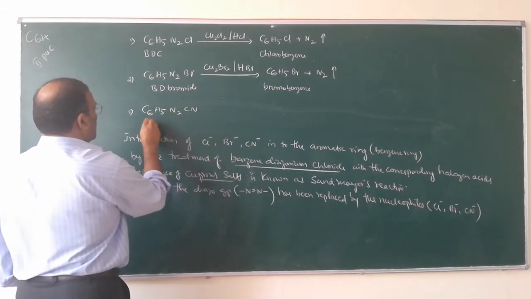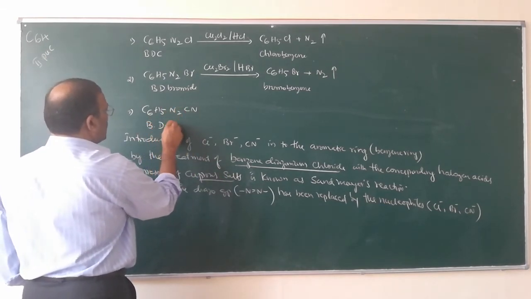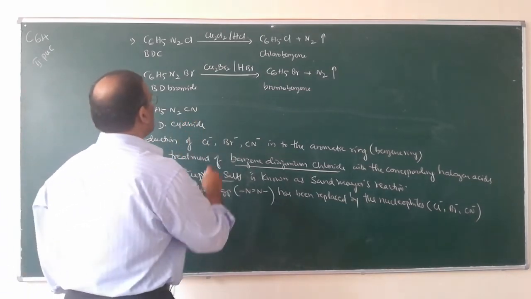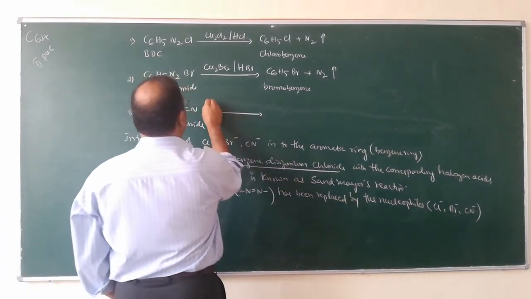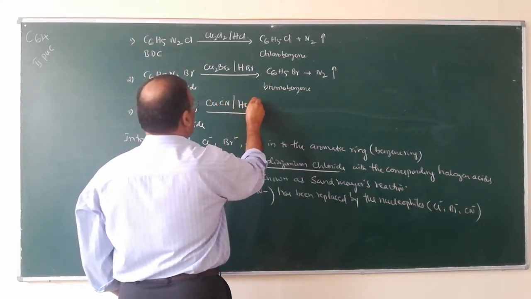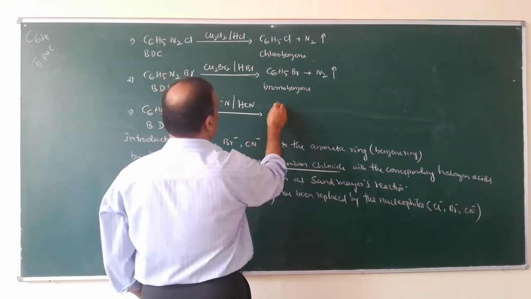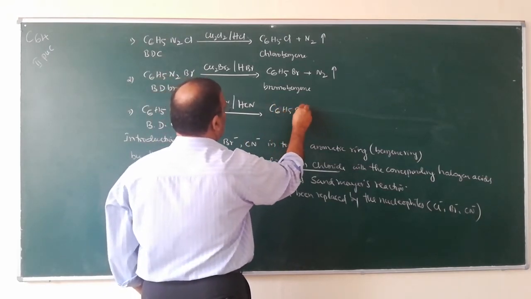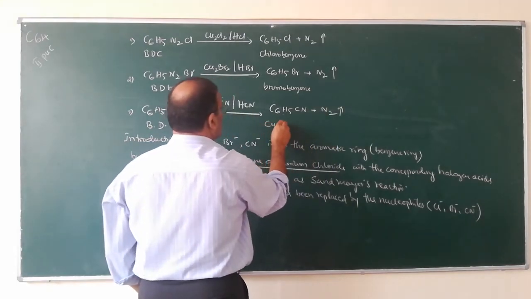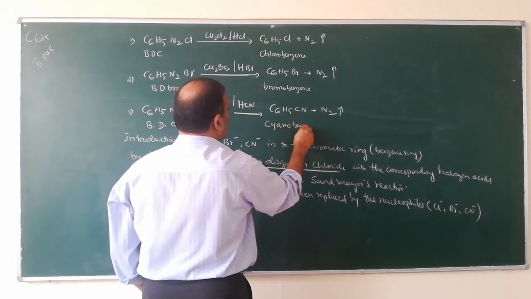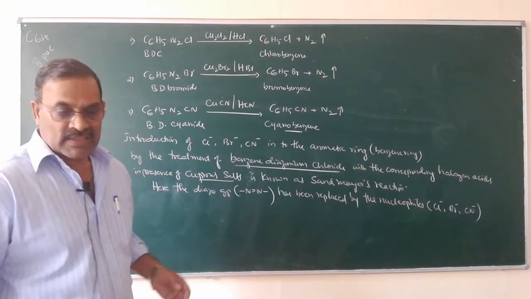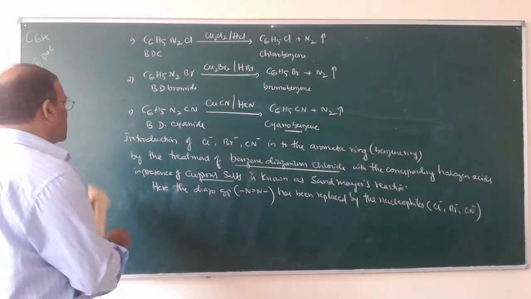C6H5N2CN, this is benzene diazonium cyanide, in presence of CuCN and HCN, we will get C6H5CN plus N2. This is cyanobenzene. So this is Sandmeyer's reaction.